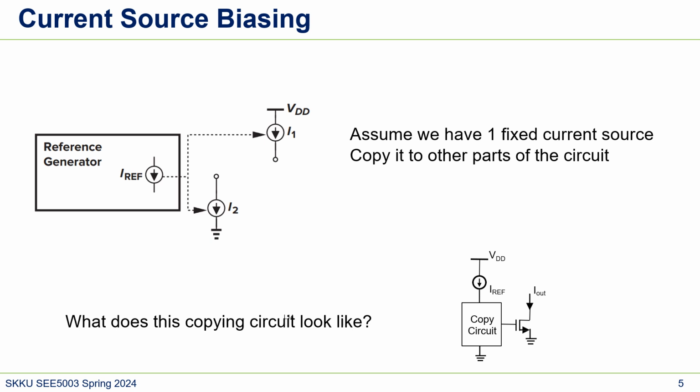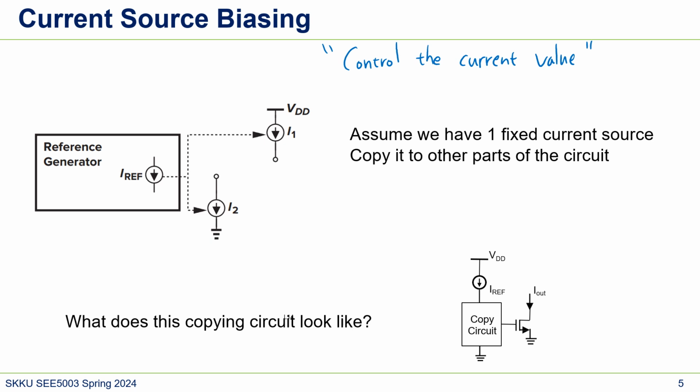The other important point is that we need to control the current value very well. We want the current value to be defined very properly, like 10 micro or 20 micro.